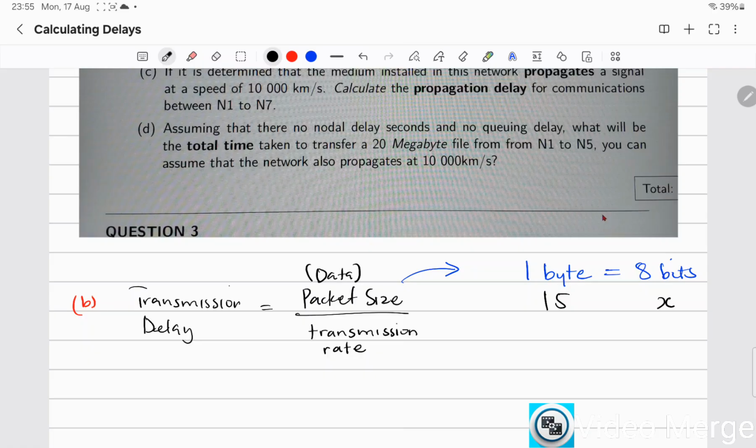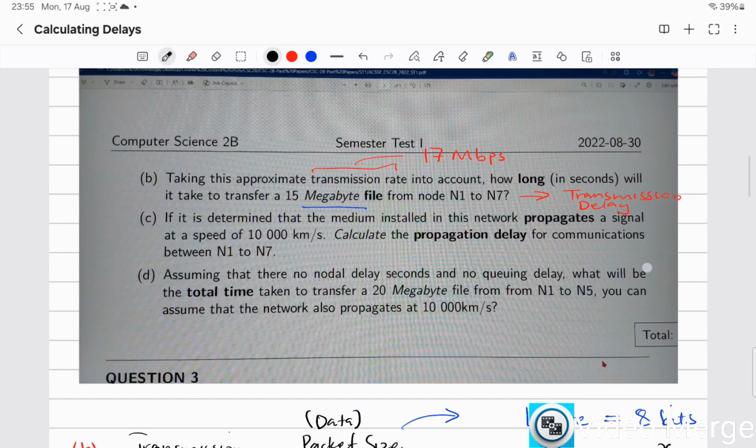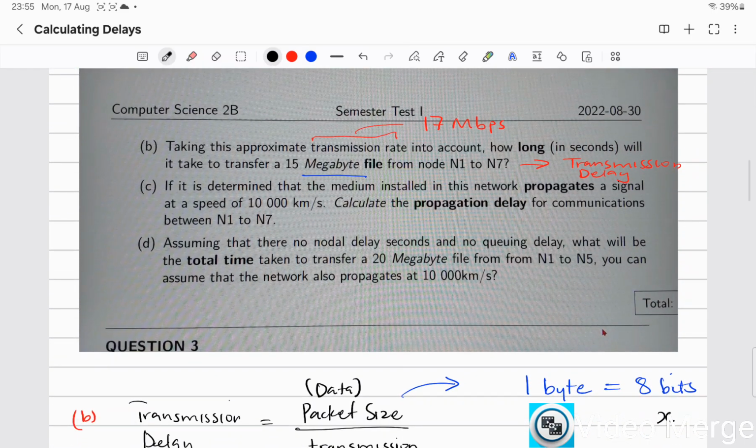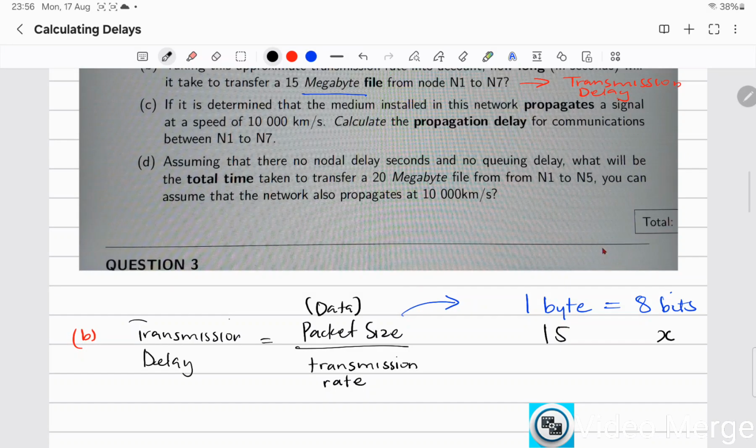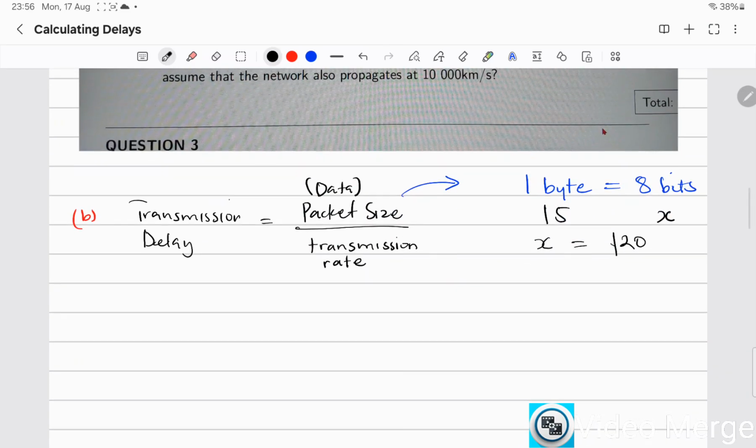So it's going to be cross multiplication, whereby our x is going to be 15 times 8, and 15 times 8 is 120, right? So now this is 120 megabits, because it was 15 megabytes.